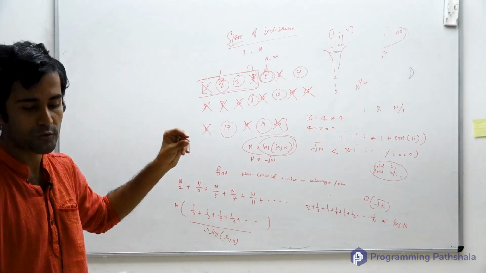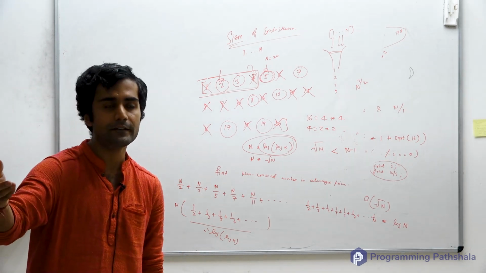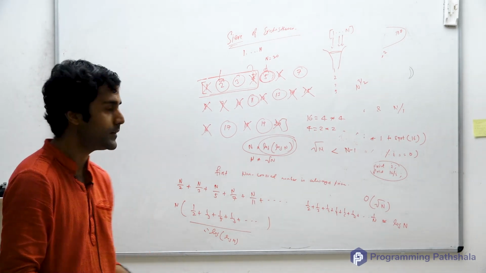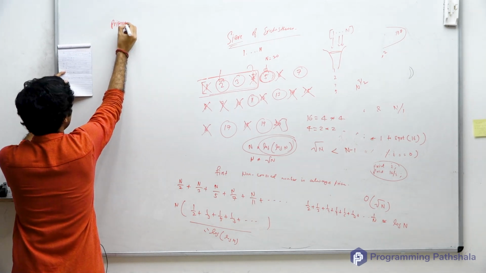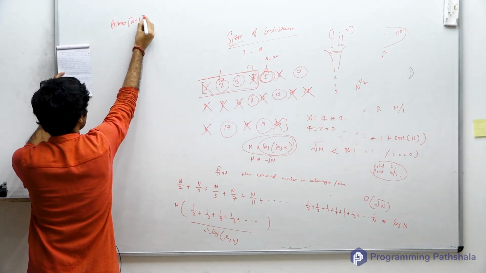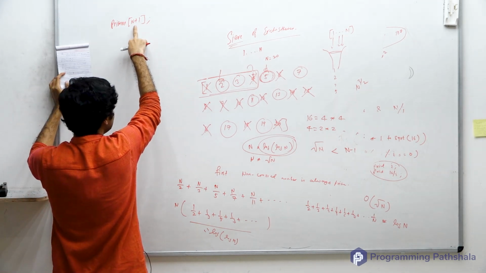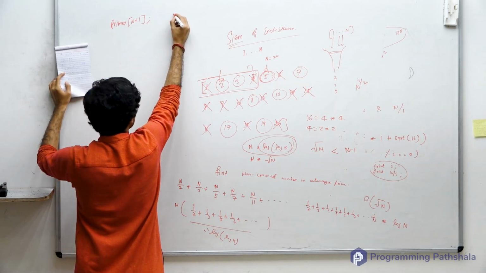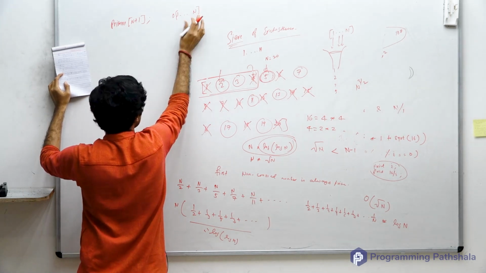I can easily store their status in a Boolean array or even an integer array where the values are either 0 or 1. So to start with, I'll construct an array of size n plus 1 so that its indices are from 0 to n. So 1 to n falls well within that.